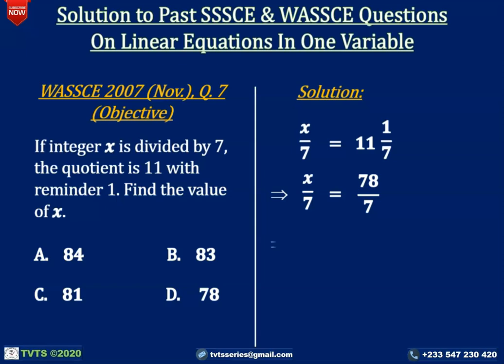So we have 7 times x over 7 is equal to 7 times 78 over 7. 7 gets rid of 7 on the left-hand side, and 7 gets rid of 7 on the right-hand side. So we have x to be equal to 78. Therefore, the correct answer is option D.